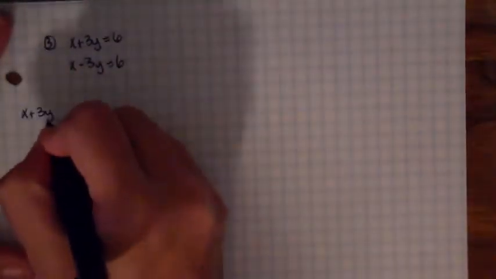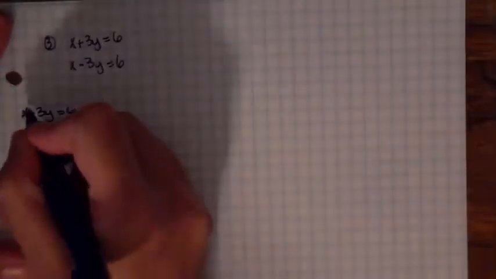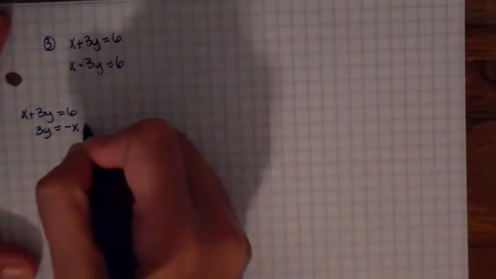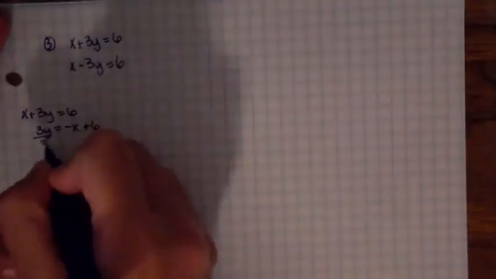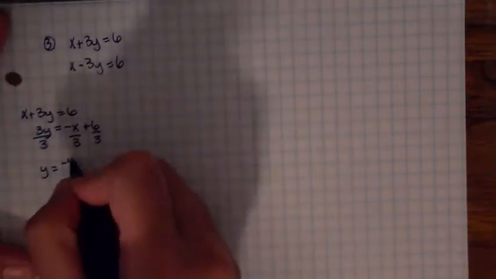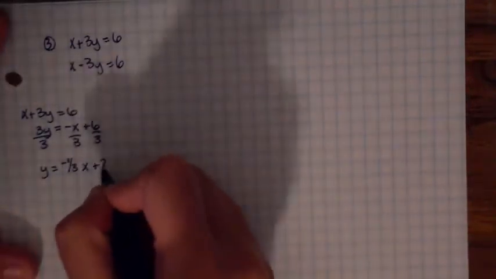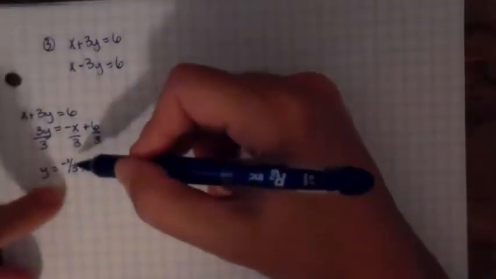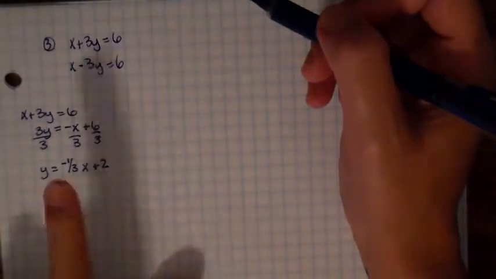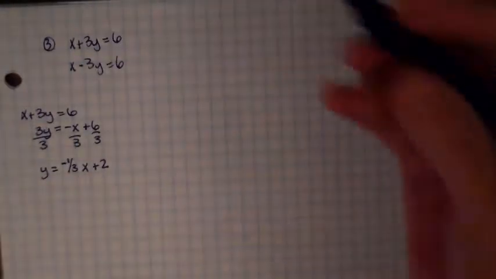So I'll start with x plus 3y equals 6. I'll move my x over, so I'll have 3y is equal to negative x plus 6. I divide everything by 3, and I get y is equal to negative 1/3 x plus 2. Negative x over 3 is the same thing as negative 1/3 x, and I wrote it in this format so it would give us our slope.